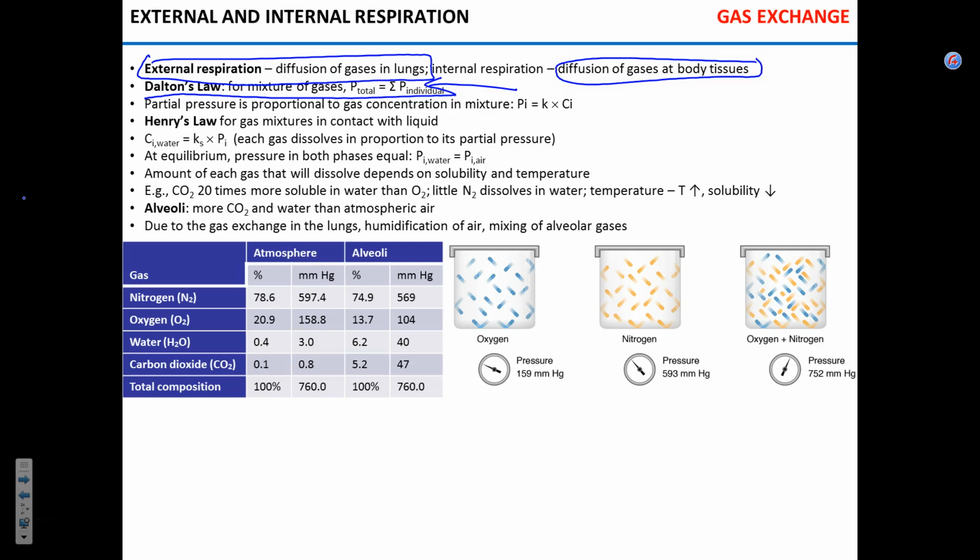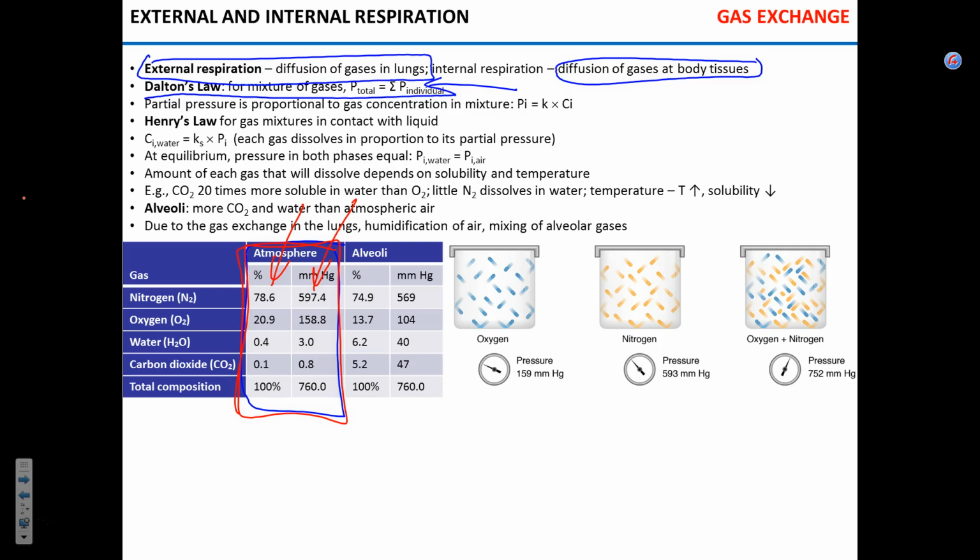If you look at the first two columns of the table at the bottom, you will see that the partial pressure of each gas is proportional to the gas concentration in the mixture. Does that make sense?